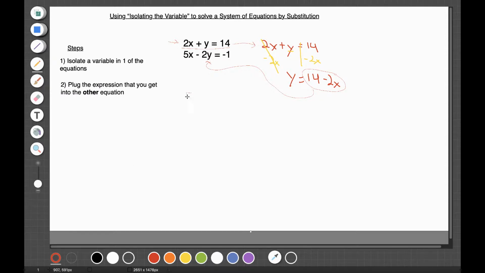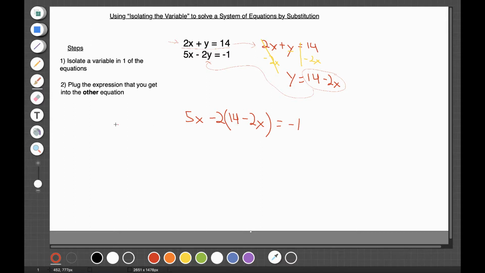So we have 5x minus 2. Okay, then we're going to put the parentheses. So then we have parentheses 14 minus 2x equals negative 1. So all I did is took that and plugged it in to this y. So that's what we have now.